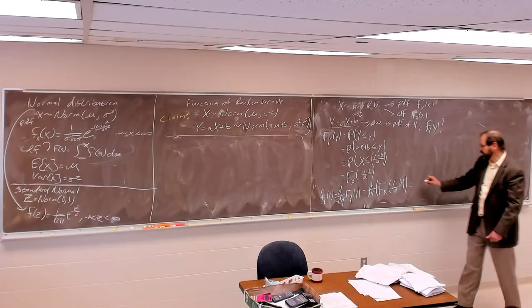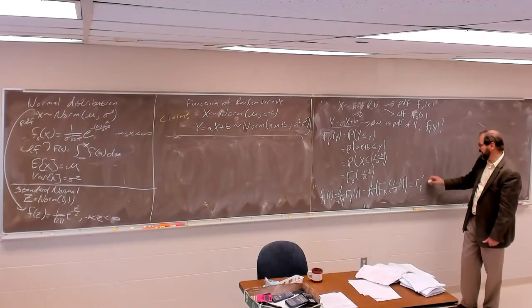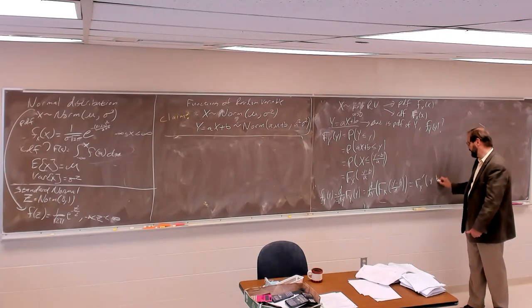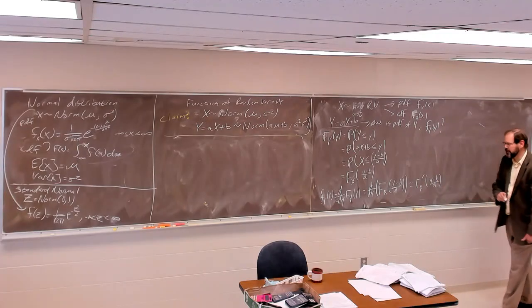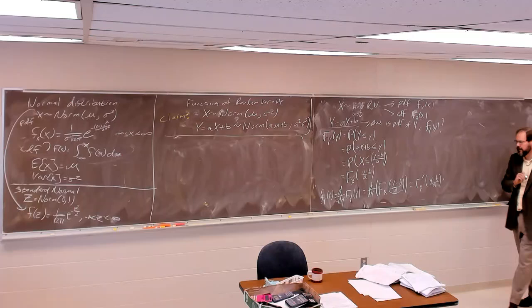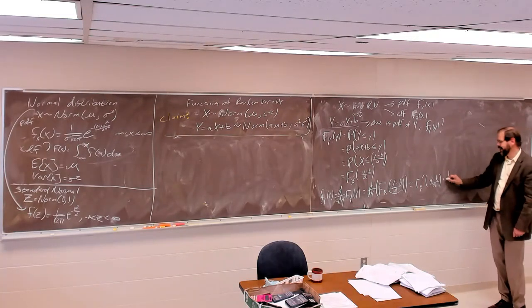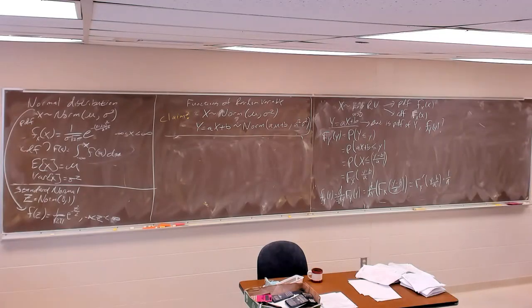By the chain rule, it'll be the derivative of the cumulative distribution function for x with y minus b over a plugged back into it, multiplied by the derivative of the inside function. And what's the derivative of y minus b over a with respect to y? 1 over a.